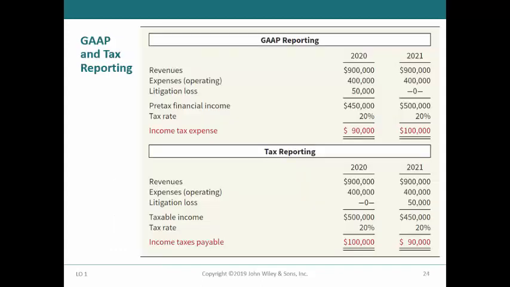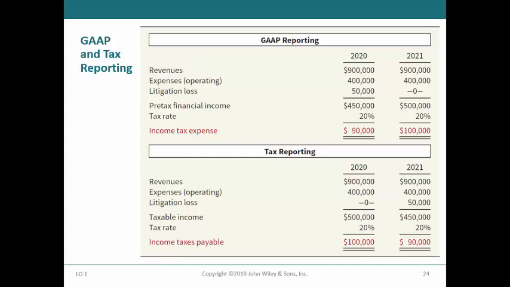This slide shows the differences between income tax expense per the income statement and income taxes payable per the tax return. The difference between the two is the $50,000 loss that is reported for financial purposes in 2020 and for tax purposes in 2021.